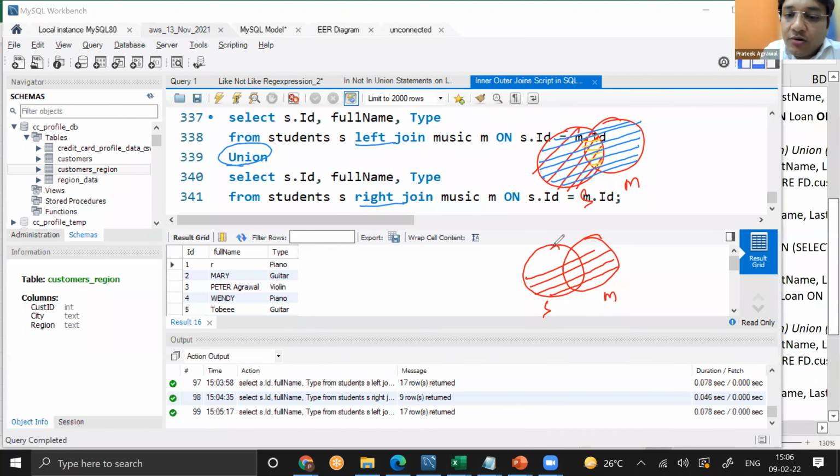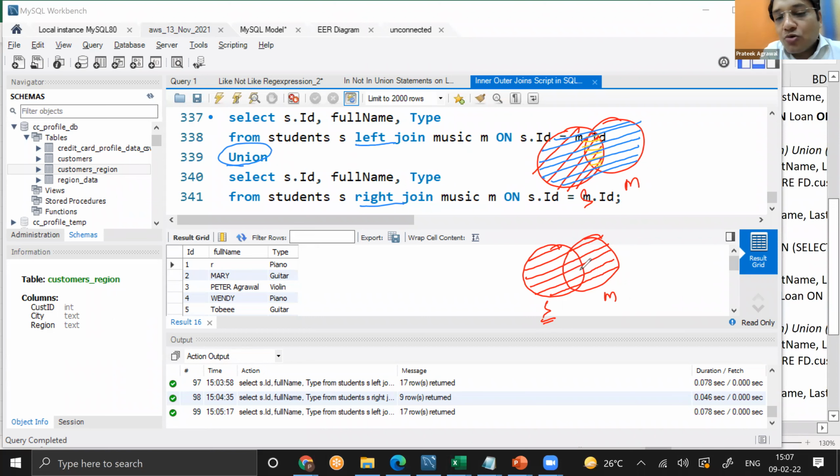So we'll get the list of all the students who are playing musical instruments and not playing musical instruments, plus all the musical instruments which nobody is playing.